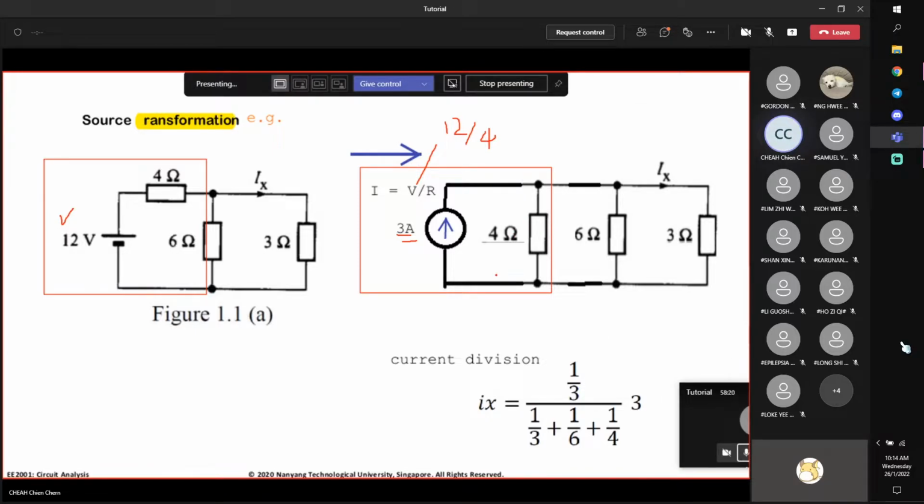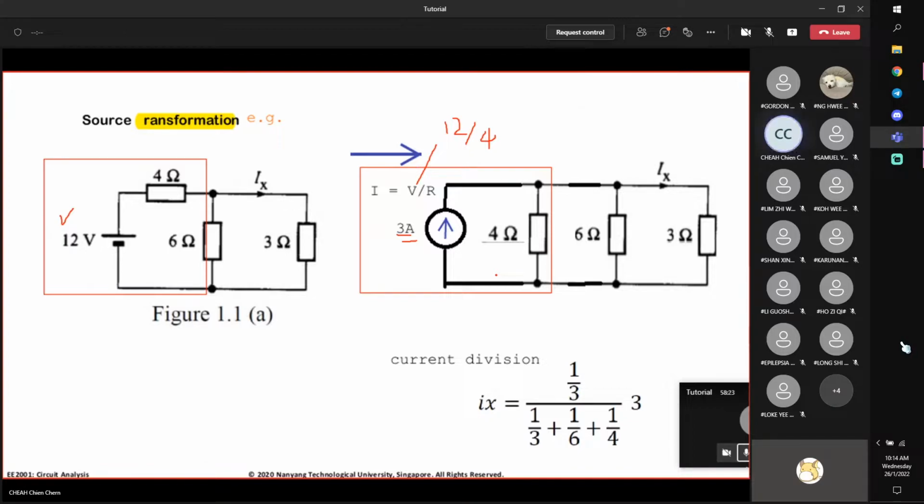but it's now in parallel. Now, you can see that once I change the configurations, I can apply current division law directly, right? Directly.